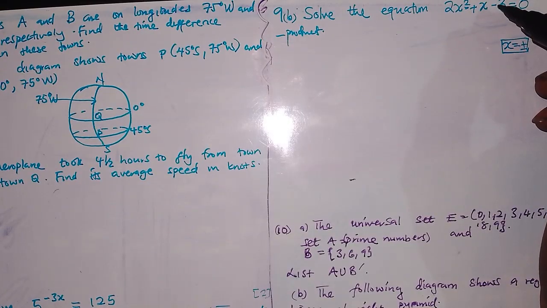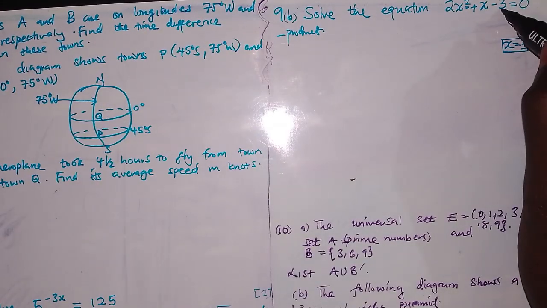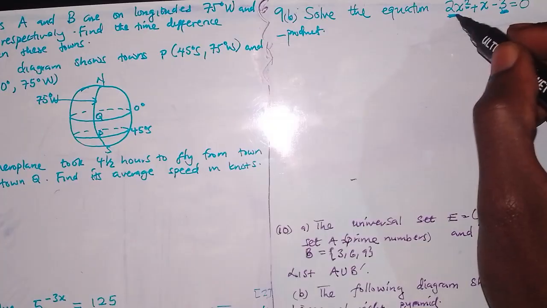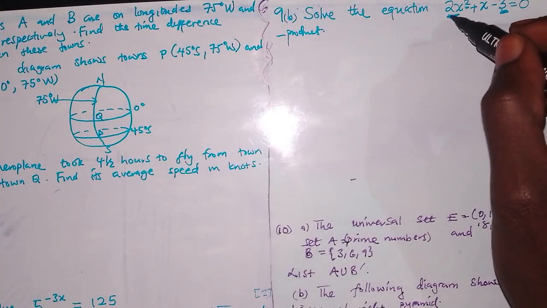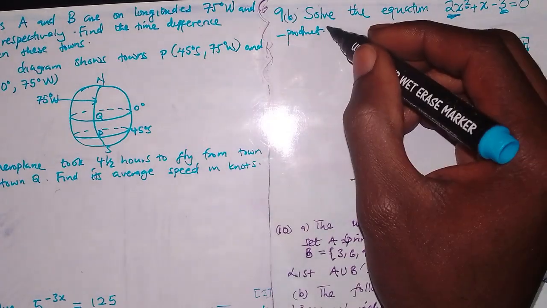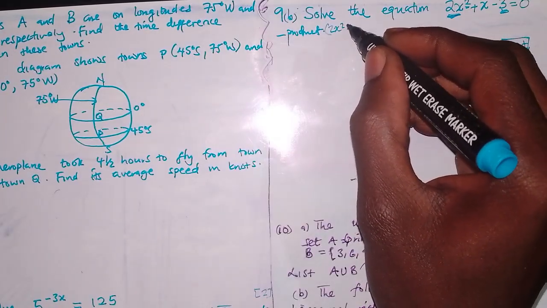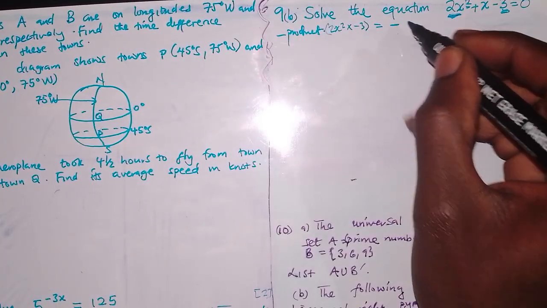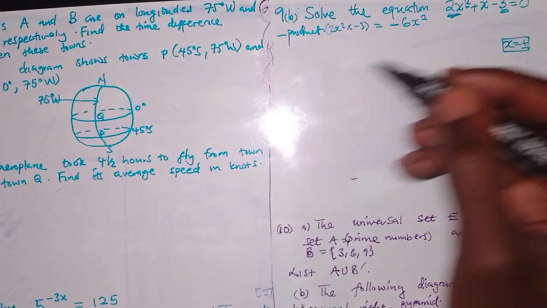For us to have the product, you have to multiply the number without any letter times the number with a squared. So we have 2x squared times negative 3, which gives us negative 6x squared.